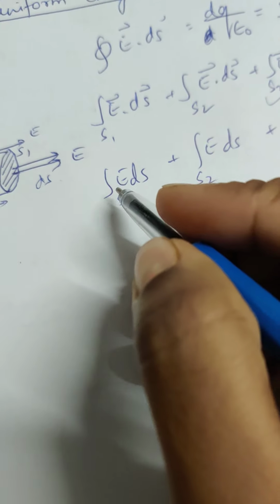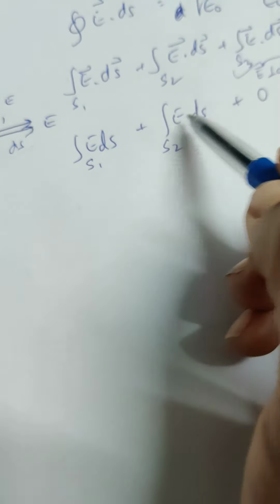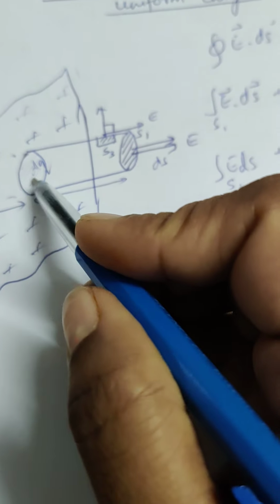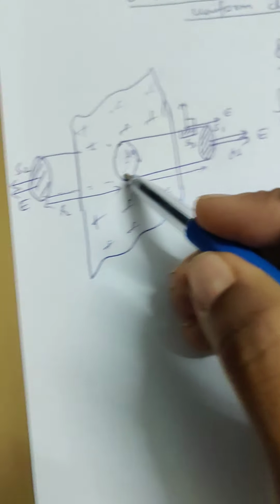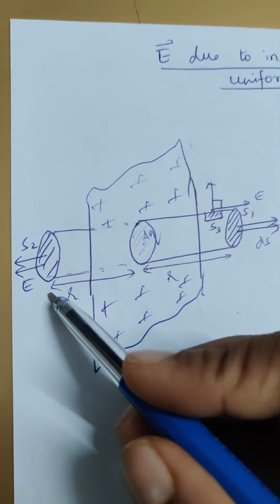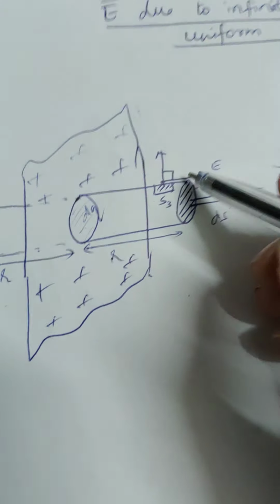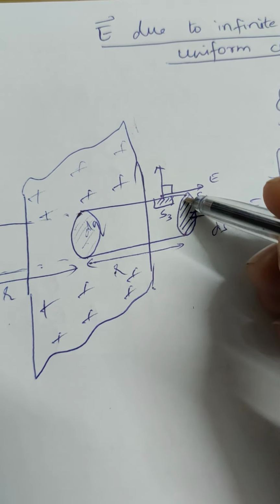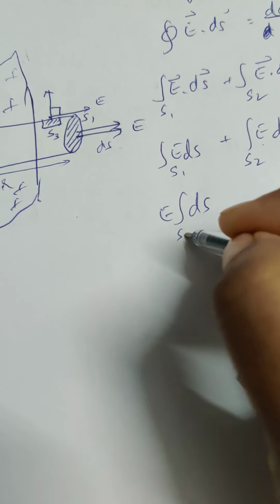Now in these two terms, the electric field's value will be the same. Suppose E is the electric field at this point, at the length r from the sheet. The same is the distance here, so the magnitude will be the same, only the direction is different. So E can be taken outside. Every point on this surface is at the same distance from the sheet, so every point here will have the same electric field E. So it becomes E integral ds for S1.